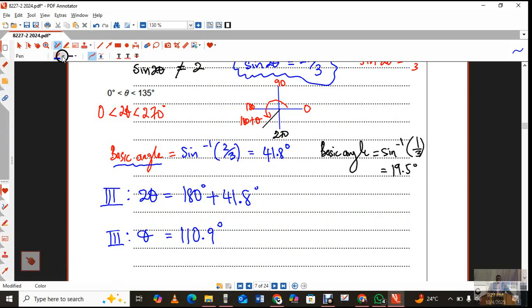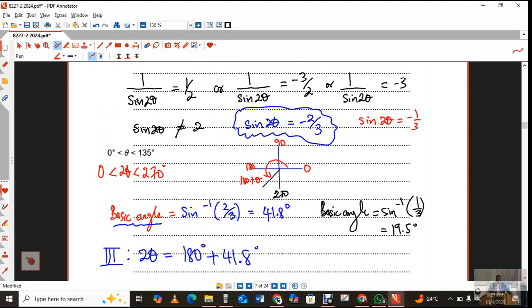Now, if I consider the other one in red, with the reference angle of 19.5, which also will be in the third quadrant, then 2 theta is going to be 180 degrees plus 19.5 degrees.